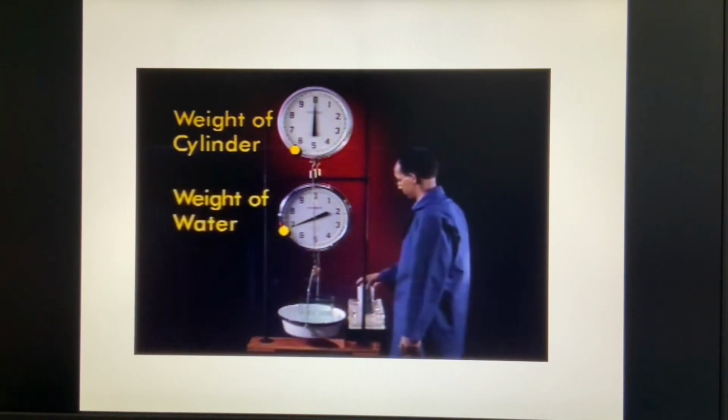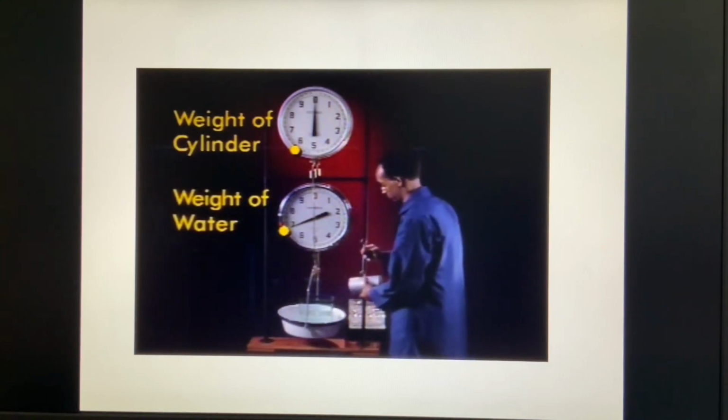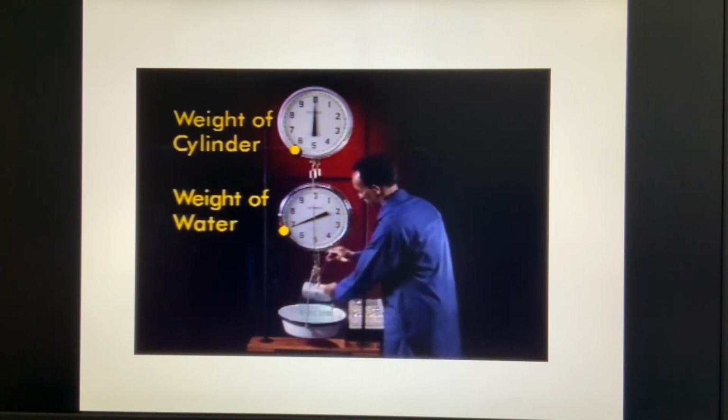The lower scale shows the weight of this container of water. If we lower the cylinder into the water, how will those readings change?